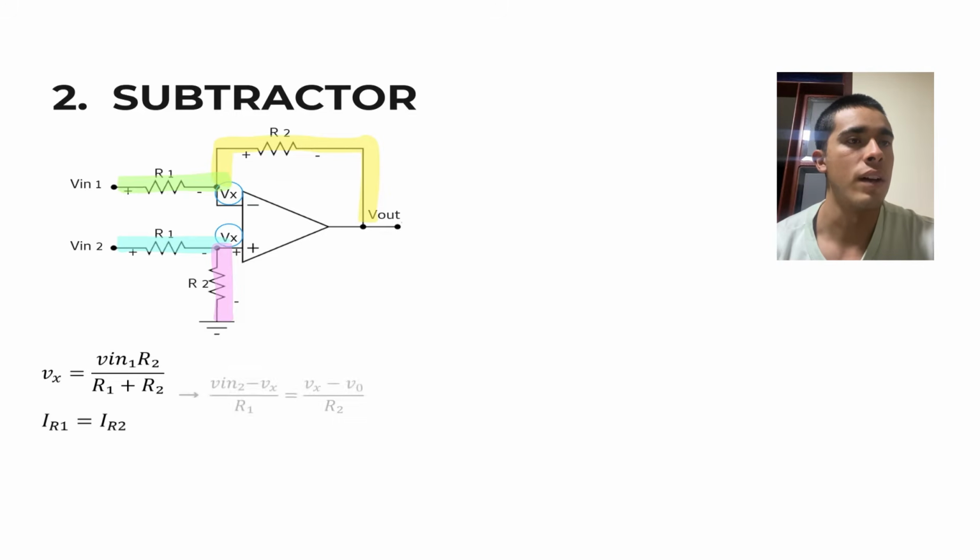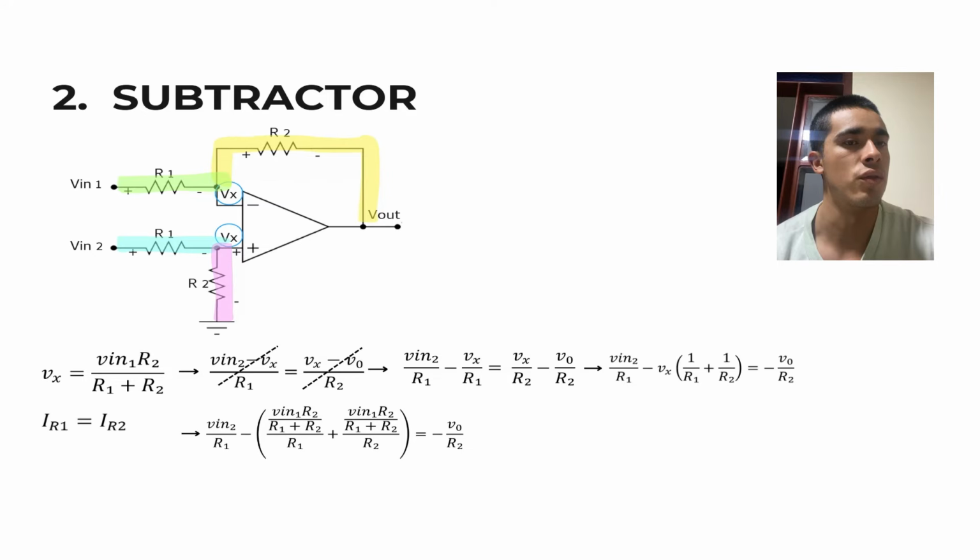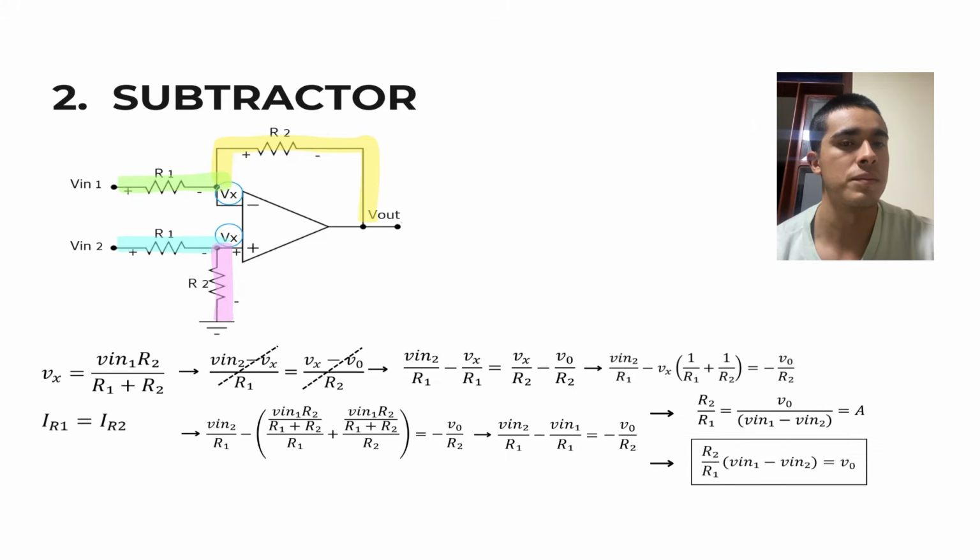The current is defined as the voltage difference between the positive and negative nodes across each resistor, and they are therefore equal. The denominator is then distributed across the sum of the numerators, giving the intermediate result. A common factor is extracted, and after solving the expression, both the gain and the equation for the output voltage are obtained.